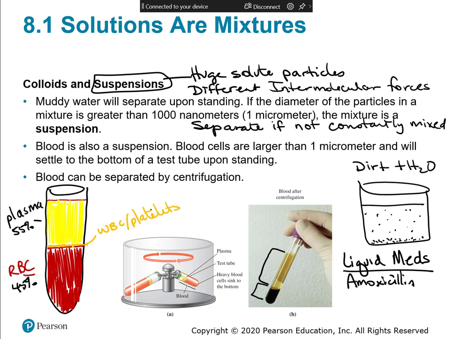So red blood cells, white blood cells, and platelets, those are all solute particles that are suspended in plasma. And as long as your blood is moving, you cannot see them. But if blood is centrifuged, or if the blood stops moving, they will automatically begin to separate.